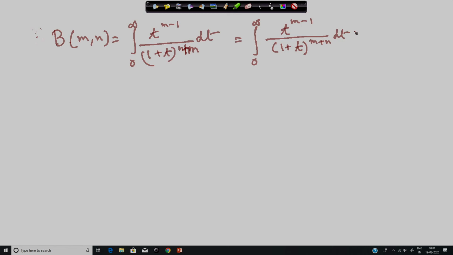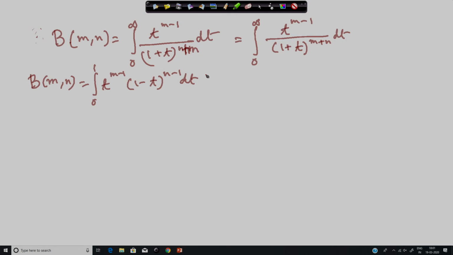Let me write here clearly. For this, what is the beta function's original definition? It is integral 0 to 1 t to the power m minus 1, 1 minus t to the power n minus 1 dt. So, from there you see in the alternative form the limits are changed, these are from 0 to infinity. So, you have to substitute in a proper way.